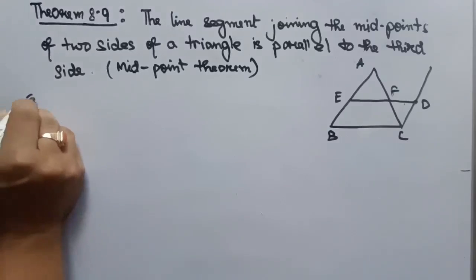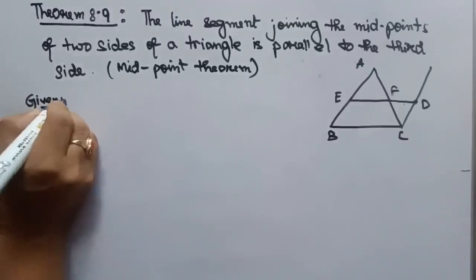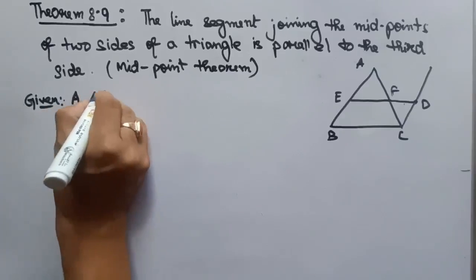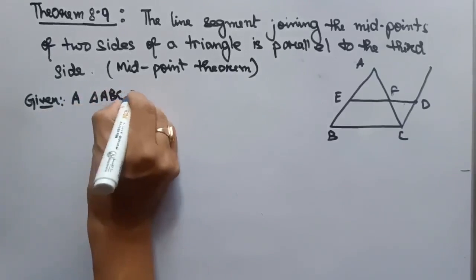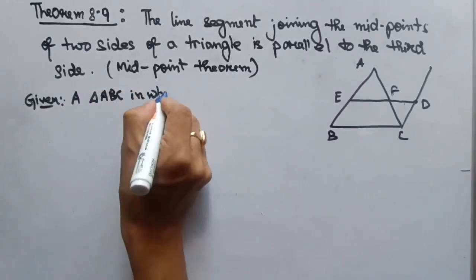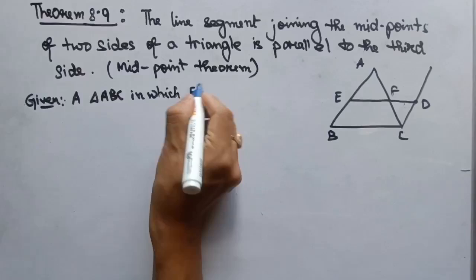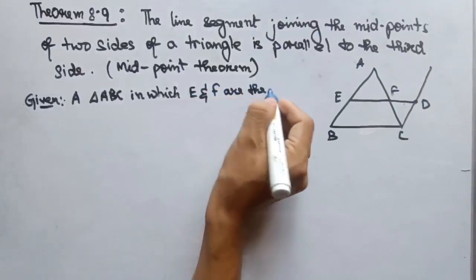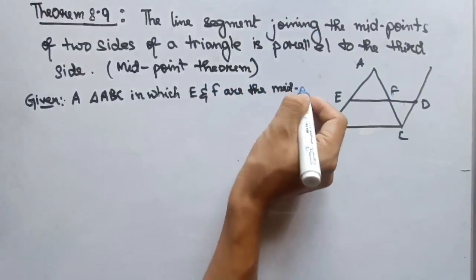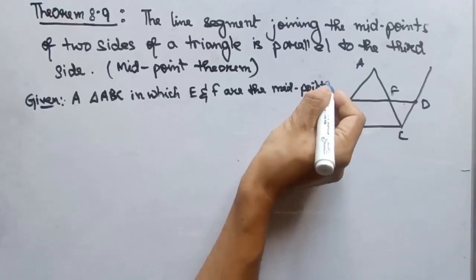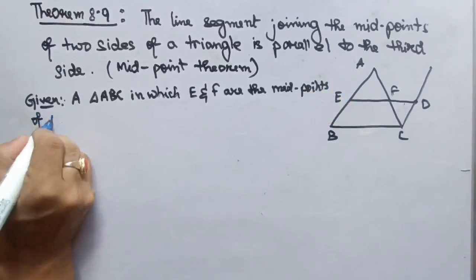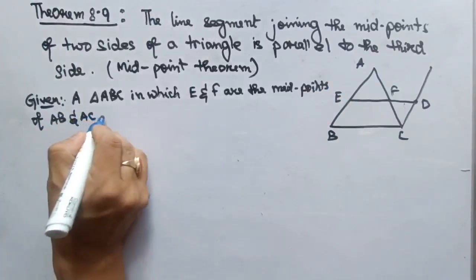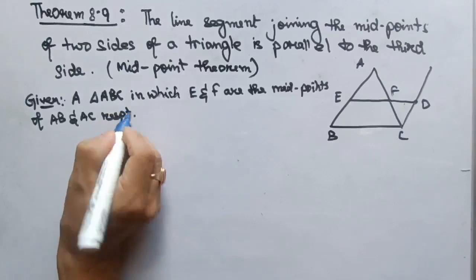First we will write the given information. Given: a triangle ABC in which E and F are the midpoints of AB and AC respectively.